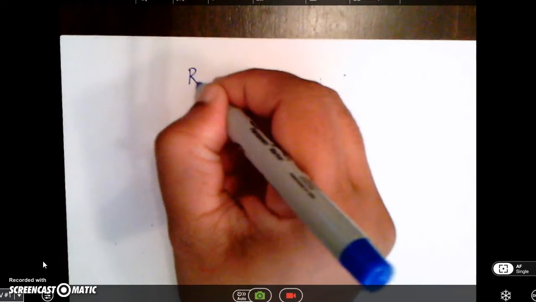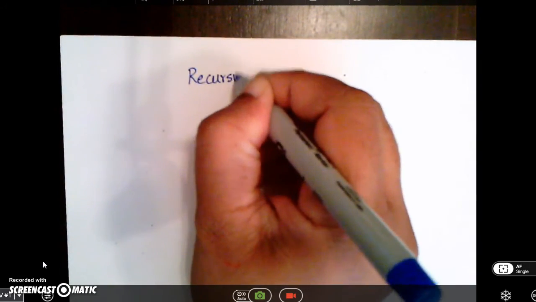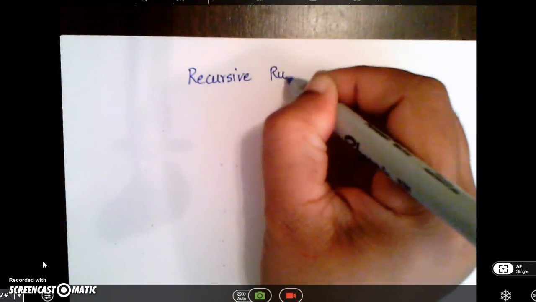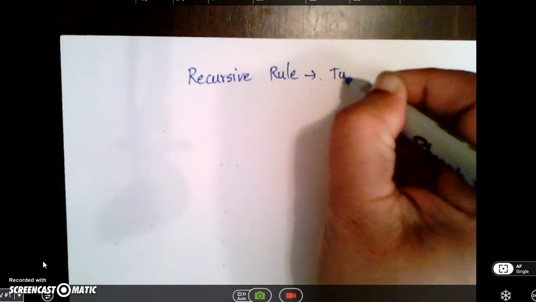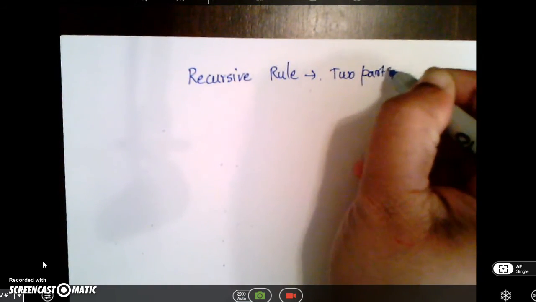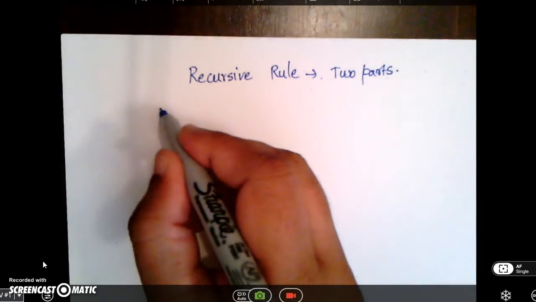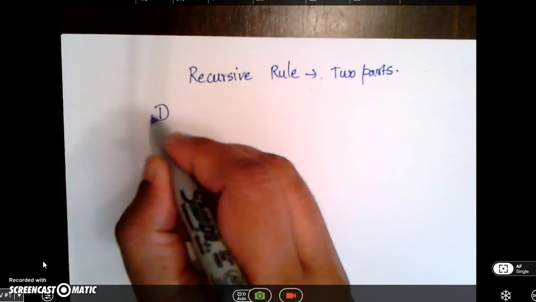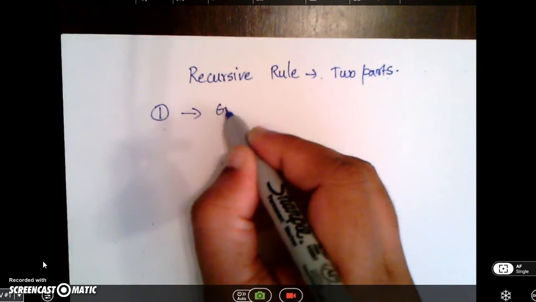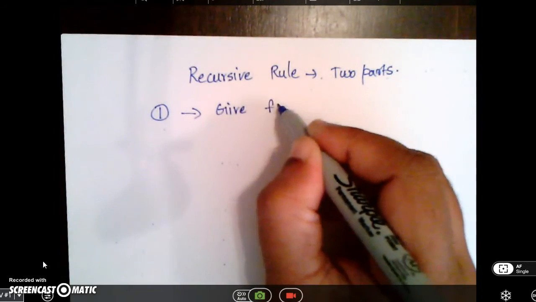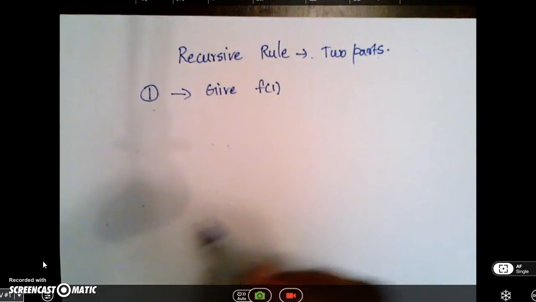So if I'm writing a recursive rule, my recursive rule always has two parts that I need to write. The first part is I have to give what my f of 1 is. You need to know where you're starting.